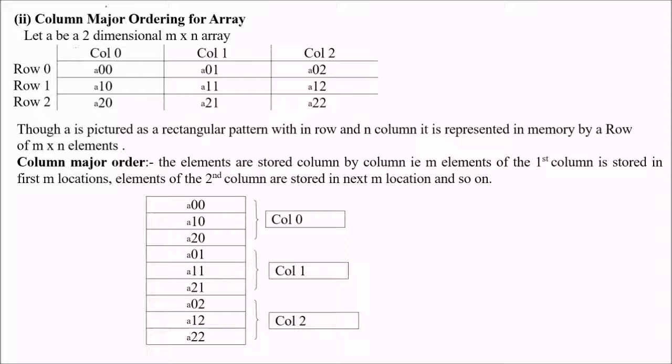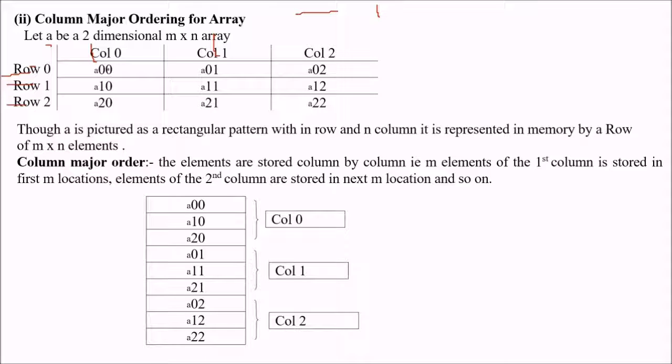Then comes the column major ordering for arrays. Let A be a two-dimensional m by n array. That means you have m rows and n columns. Though this A, which is an array, is pictured as a rectangular pattern in rows, row 1, row 2, and columns 0, 1, 2, so this is a regular pattern with rows and columns, it is represented in memory by a row of m by n elements, like this, column major.